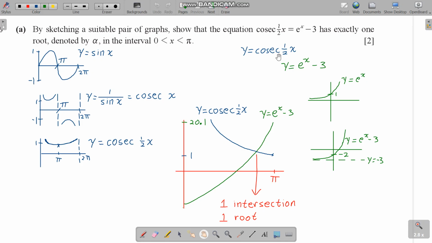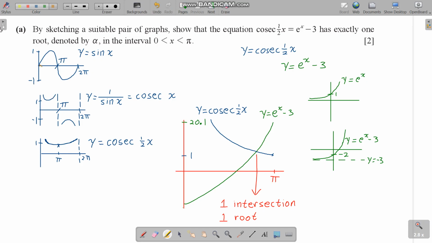To draw the cosecant 1/2 x, maybe just start with this. If you remember the basic graph y equals sine x, and for 1 over sine x, so cosecant is actually 1 over sine, we have to use 1 over all the y values.